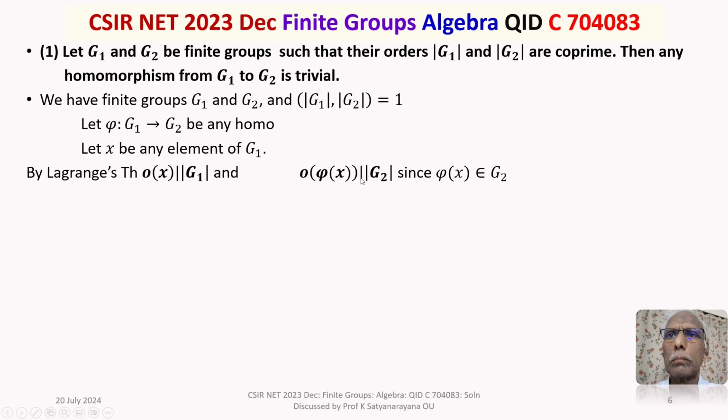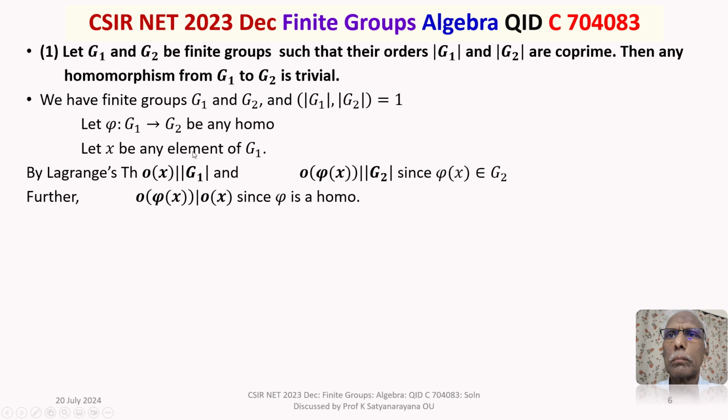Then order of phi of x divides order of G2. Now, because phi is given to be a homomorphism, order of phi of x always divides order of x.